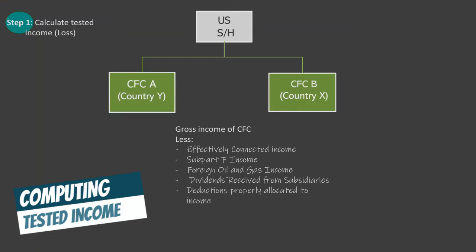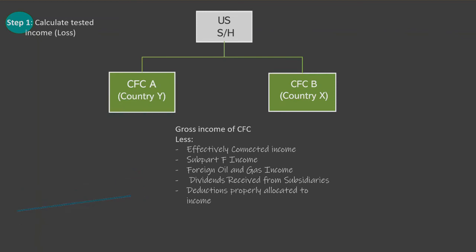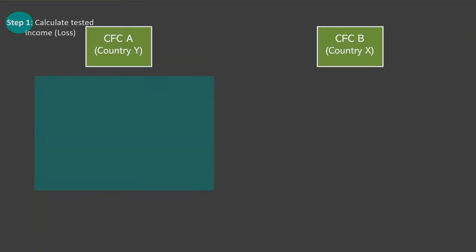Finally, once we've figured out what income is left from there, we deduct properly allocable deductions to that income. So we'll take our expense pool and we'll allocate it among the various incomes. Let's use numbers to illustrate this. Let's assume CFC A has gross income of $8,000.